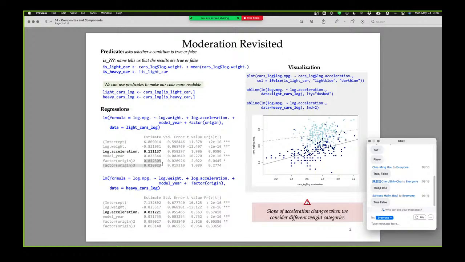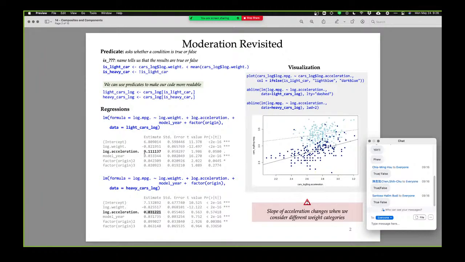But the biggest change we see in slopes is actually in acceleration. The relationship between acceleration and miles per gallon is 3 times, almost 4 times steeper for light cars than it is for heavy cars. So the relationship is actually different for lighter cars and for heavier cars.